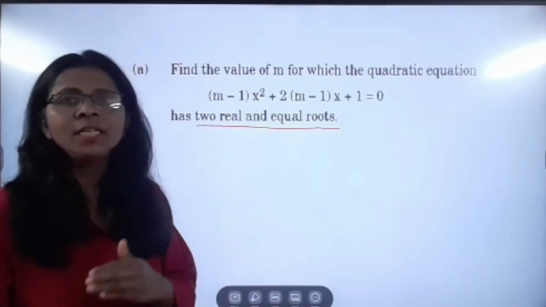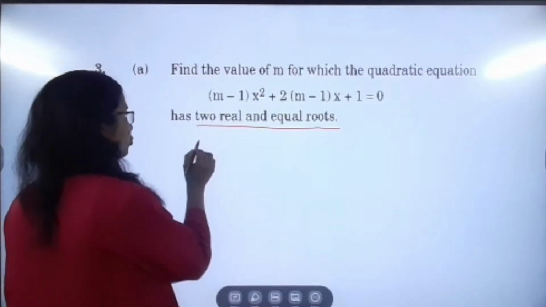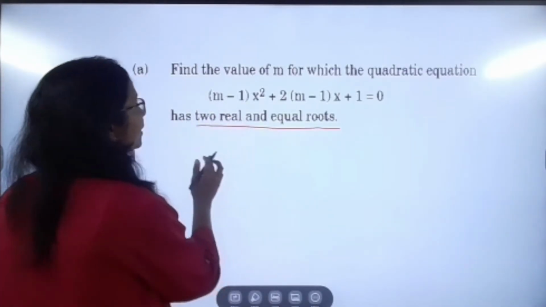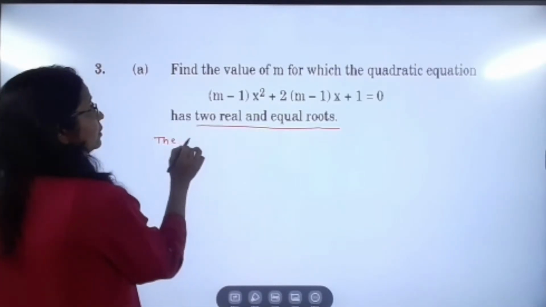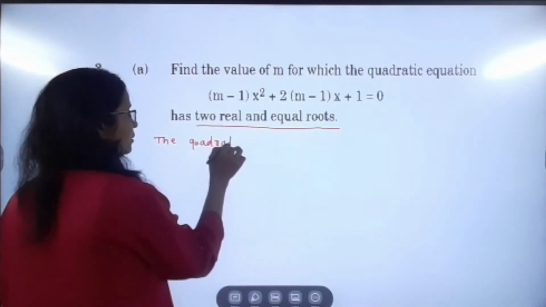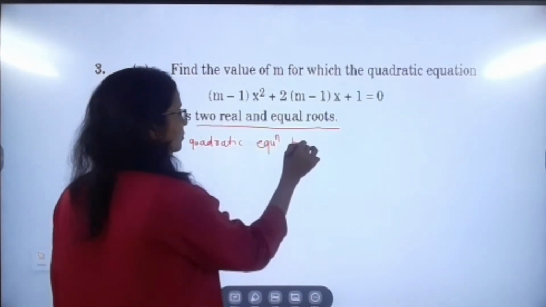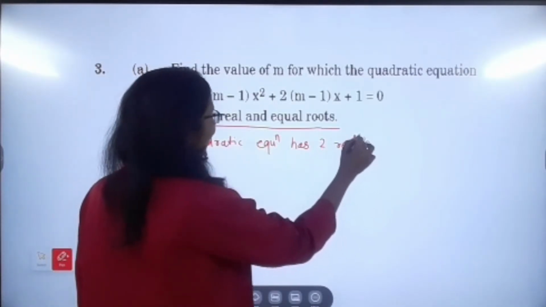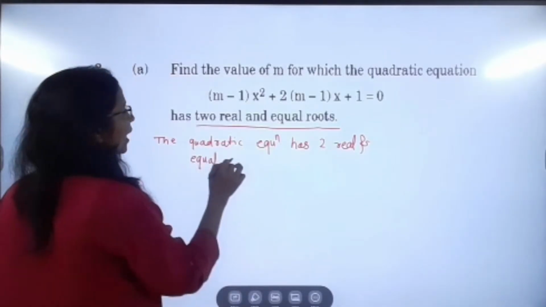So what is the discriminant value of this quadratic equation? First I write down that the quadratic equation has two real and equal roots.